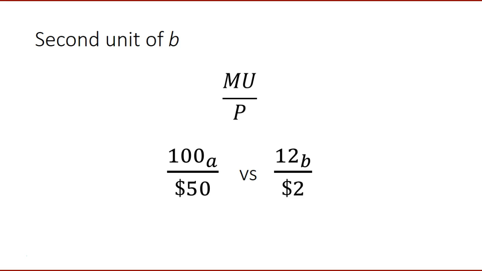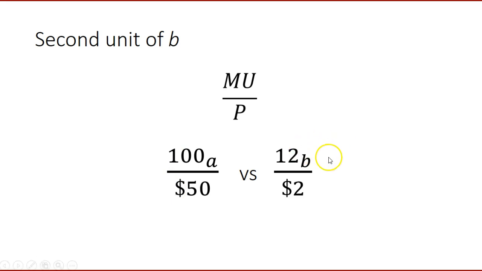Let's go to the second unit of B. Now remember, for the second unit, our law of diminishing marginal utility is in place. So the second unit of a Mars bar, the second Mars bar, doesn't give us as much happiness as the first one. Which one should we choose now, the concert or the Mars bar? Well, it's still the case that the Mars bar gives us more happiness per dollar. The concert gives us 2 units of happiness, or 2 units of satisfaction per dollar.